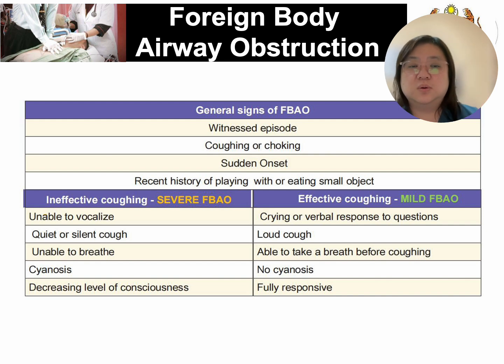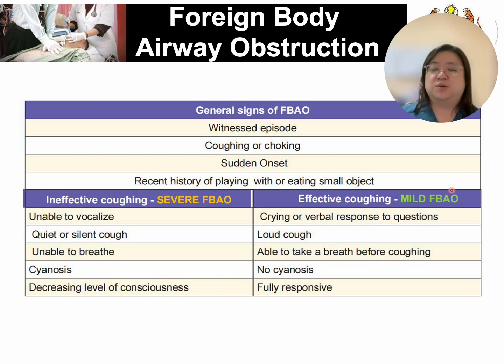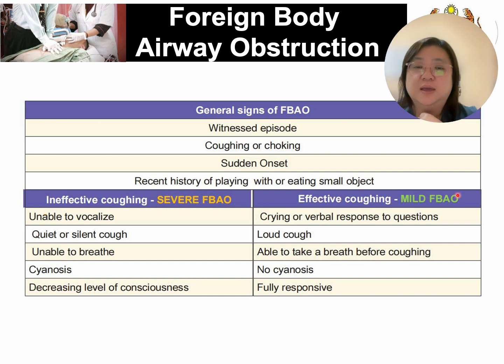Generally you need to know the signs of mild foreign body airway obstruction and severe. Mild choking and severe choking. What happens in mild choking? In mild choking, the airway is only partially obstructed.